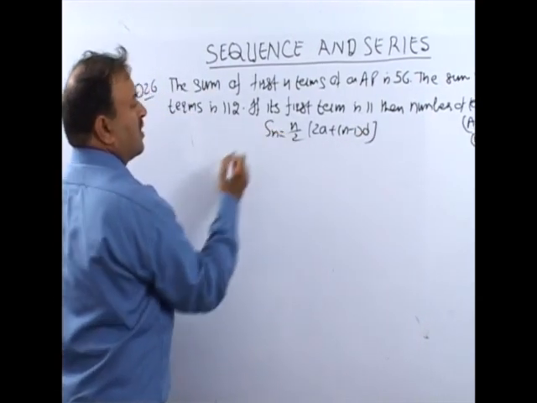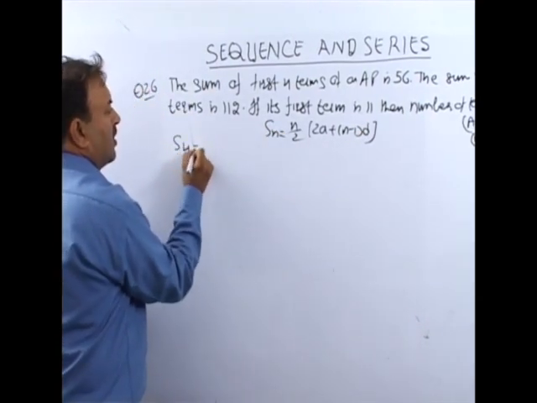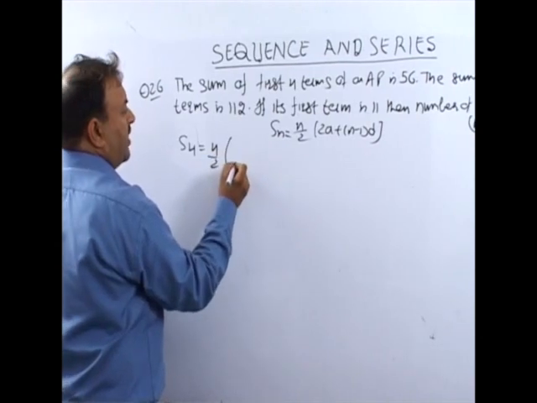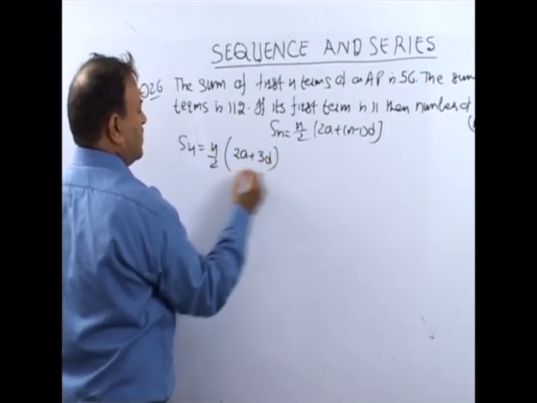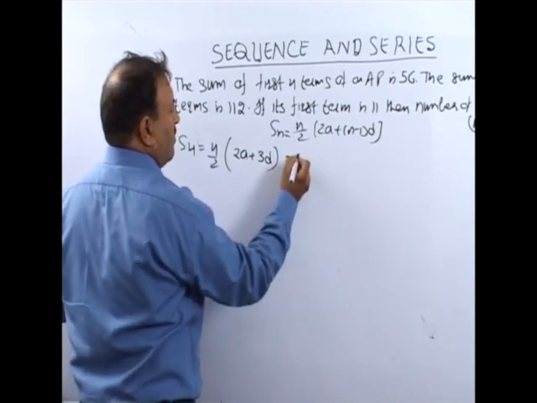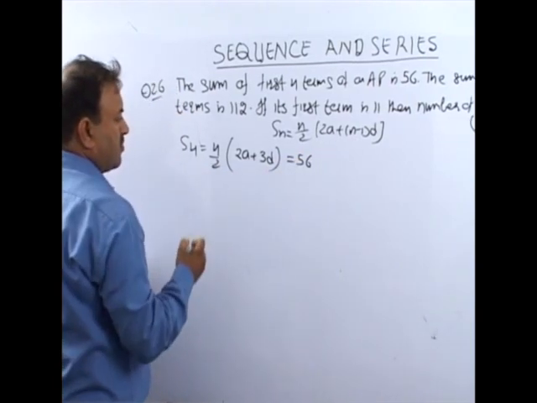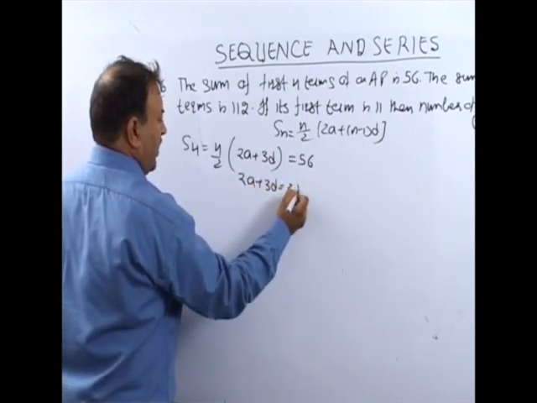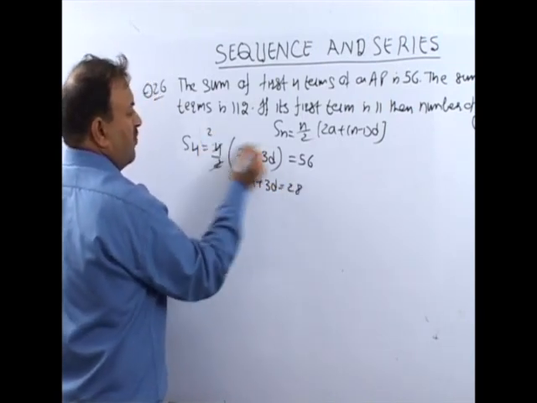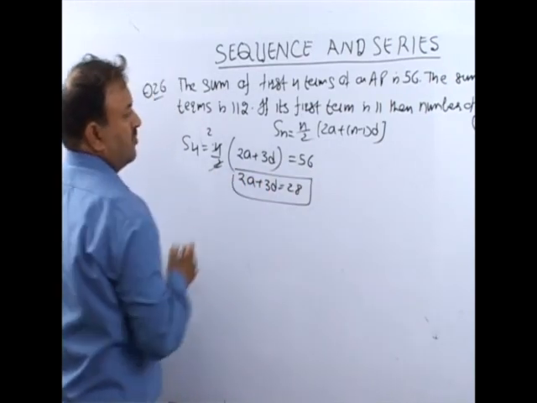It is the formula of the sum of n terms of AP. For four terms, 4 by 2 into (2a plus 3d), and this is equal to 56. Now I can say 2a plus 3d is equal to 28; 2 cancels with 2, 56 by 2 is 28.